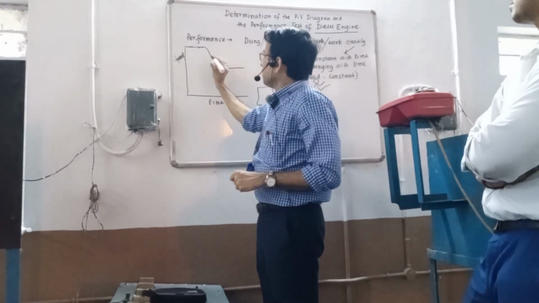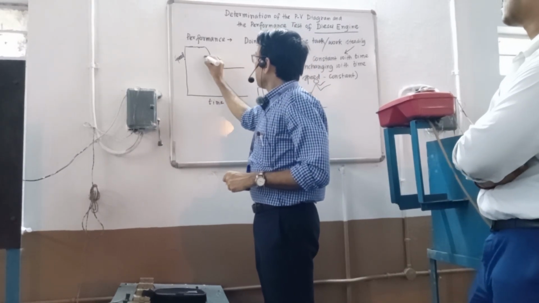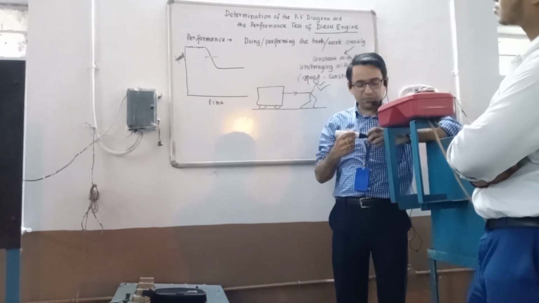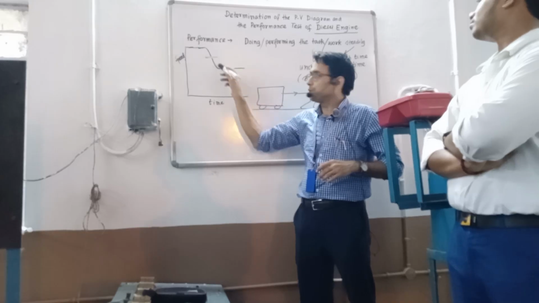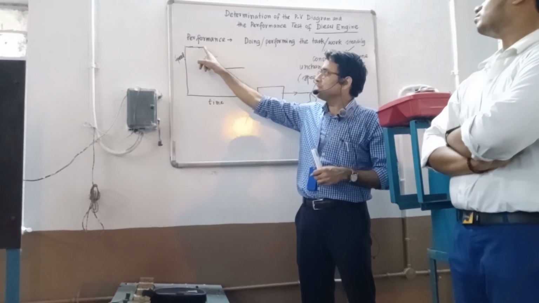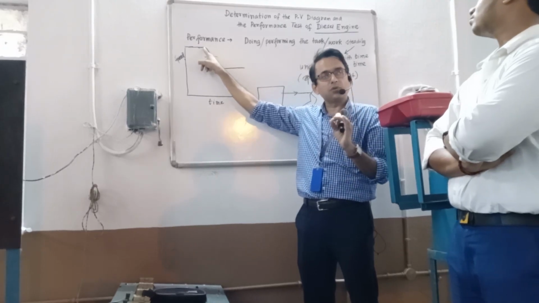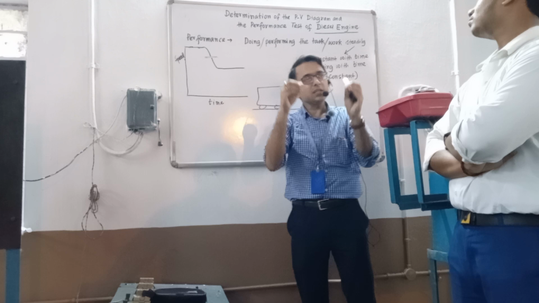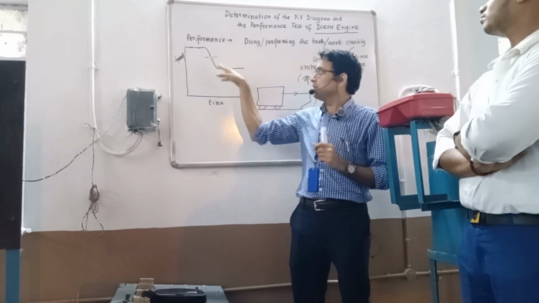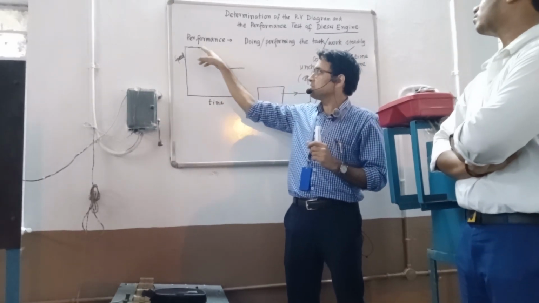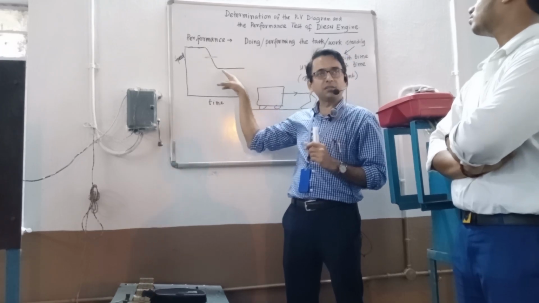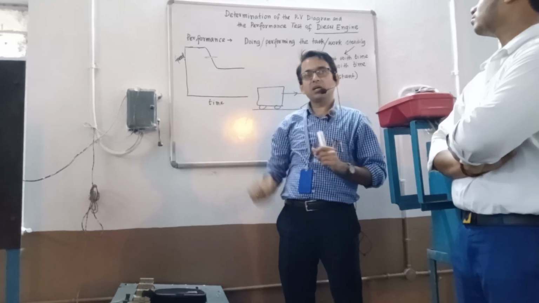Now if I calculate the performance at this speed, or anywhere in between, it will be erroneous. Even at the point just when I have put the load, it will be erroneous, because I have only just put the load. The speed starts lowering and keeps decreasing, and then at this point it becomes the steady value.